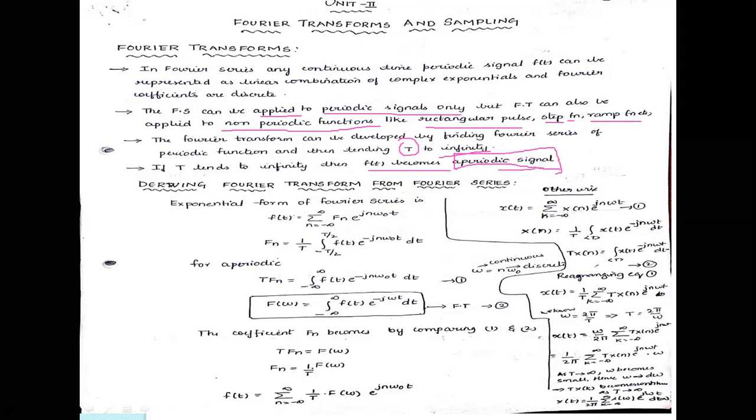So you can analyze a signal, either periodic or non-periodic, by using the Fourier transform, but the Fourier series can be applied to periodic signals only.